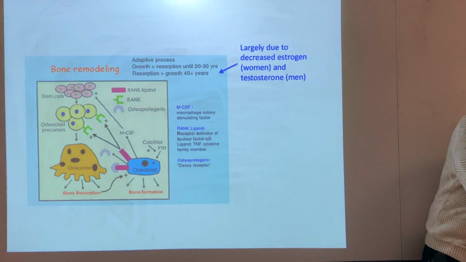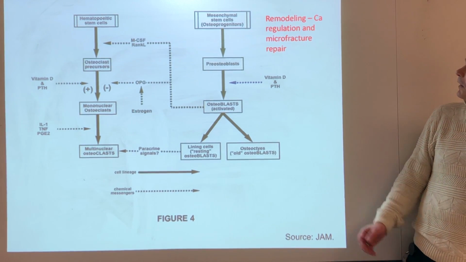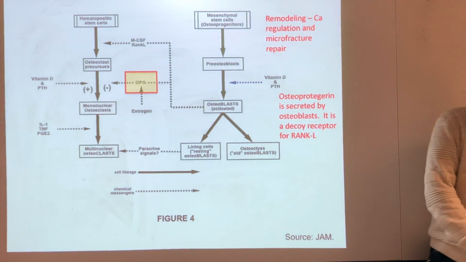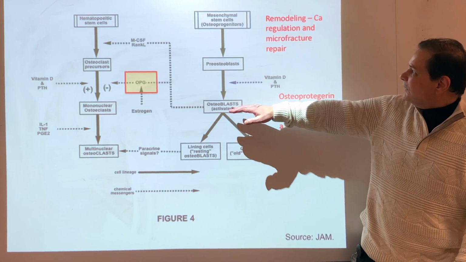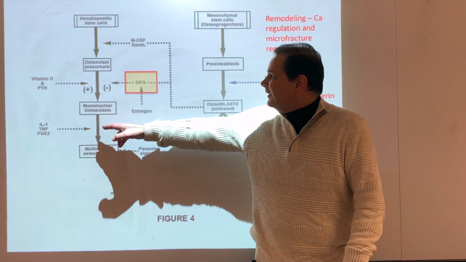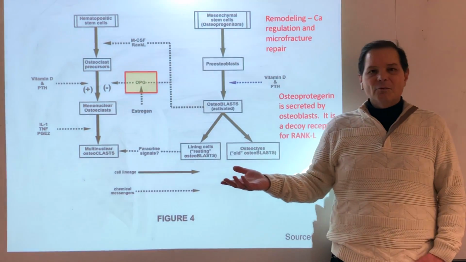Okay, so let's talk a little bit about how this works. Again, you've got this process by which you're activating osteoblasts, and those osteoblasts are activating the formation of osteoclasts, and this is how you get turnover of bone.